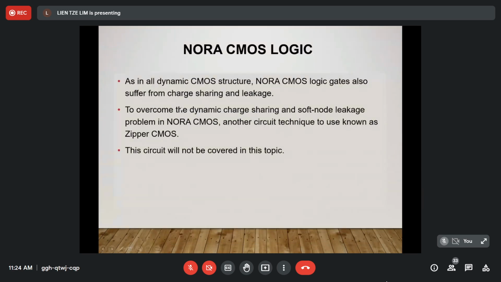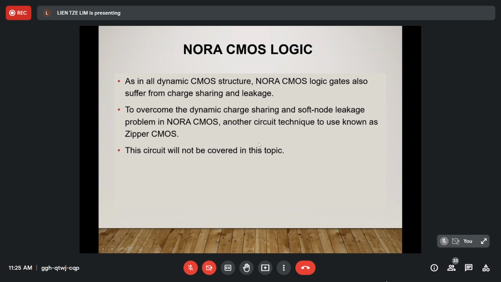As in all dynamic CMOS structures, NORA CMOS logic gates also suffer from charge sharing and leakage. To overcome the dynamic charge sharing and soft node leakage problem in NORA CMOS, another circuit technique known as zipper CMOS is used. This zipper CMOS will not be covered in this topic.